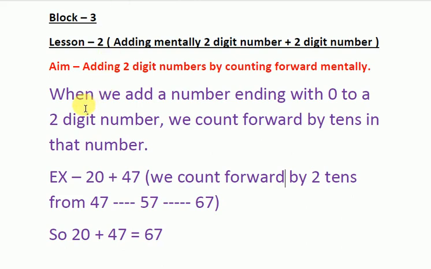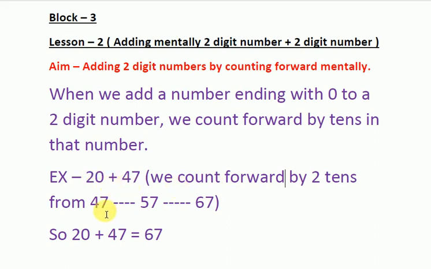Now see here, when we add a number ending with 0 to a 2-digit number, we count forward by the number of tens in that number. I'll give you an example. 20 is ending with 0, right? 20 has how many tens? It has 2 tens. If you want to add this number 20 to a 2-digit number, say 47, we have to count forward by 2 tens because 20 has 2 tens in it.